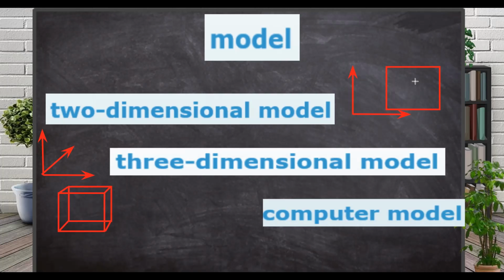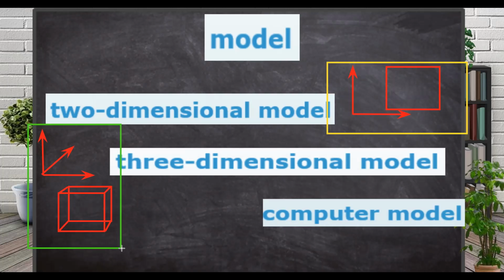Over here, the first one, let me put a yellow square on it. Okay. Dear Maria, this yellow square is a 2-dimensional model. But the green one over here is a 3-dimensional model.